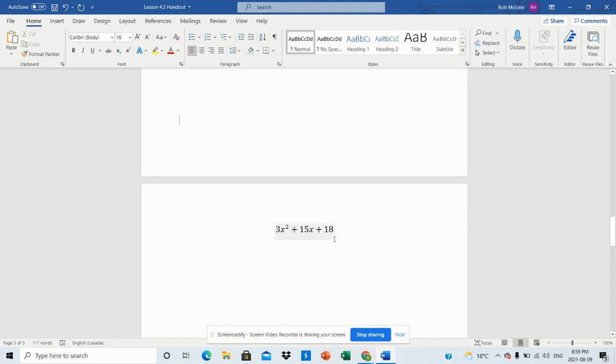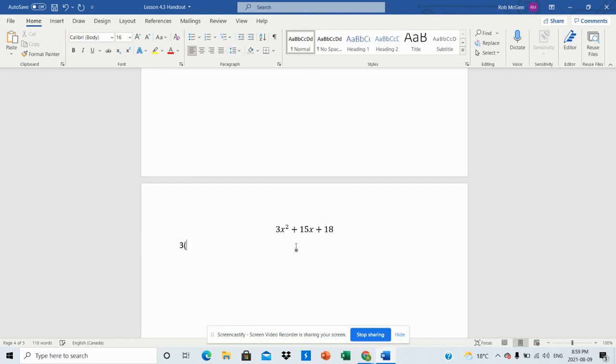Well, I noticed the 18 doesn't have any x's, so I'm not going to be able to pull out any x's. So let's look at the coefficients 3, 15, and 18. What's the greatest common factor of those three, or the highest number that all three of those terms are divisible by? And that's going to be 3.